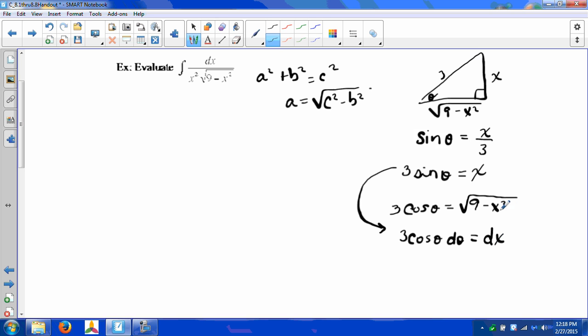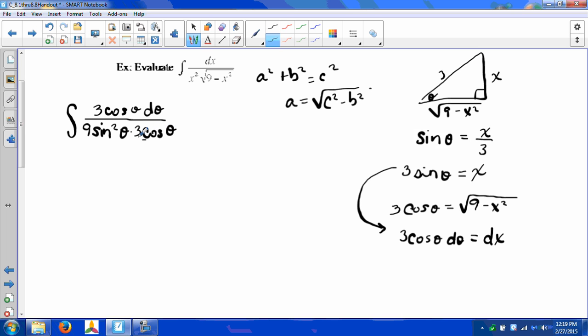All right, so now I think everything's ready to substitute. So I'm going to do that over here. Now I get the integral of dx, which is 3 cosine theta d theta, over x squared, which is 9 sine squared theta, and then the square root of 9 minus x squared is 3 cosine theta.